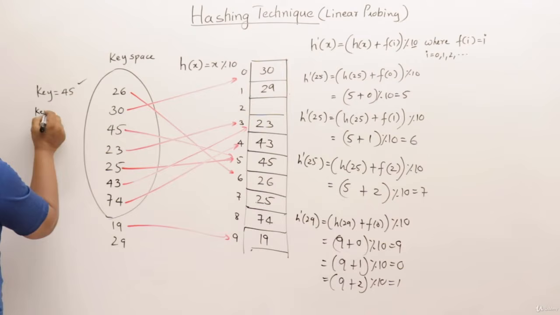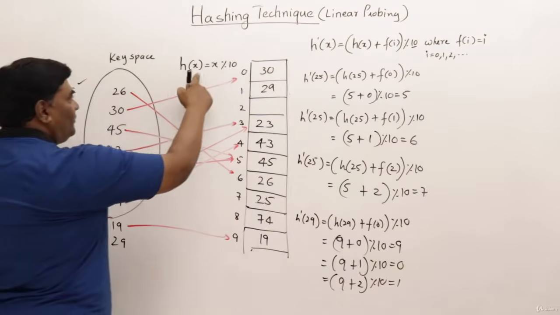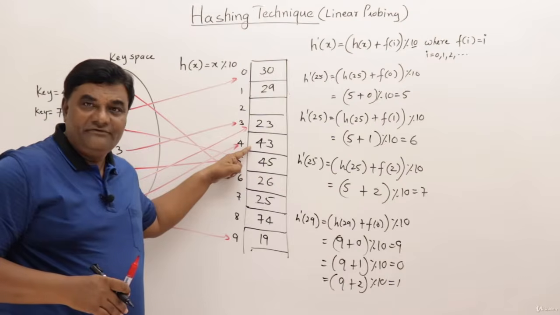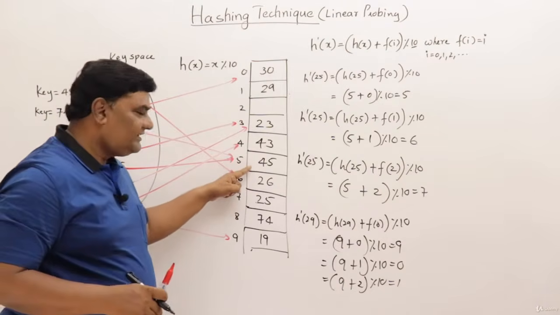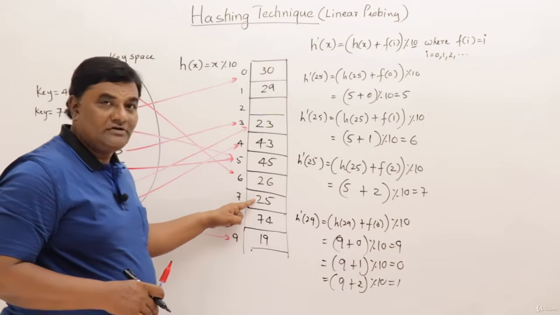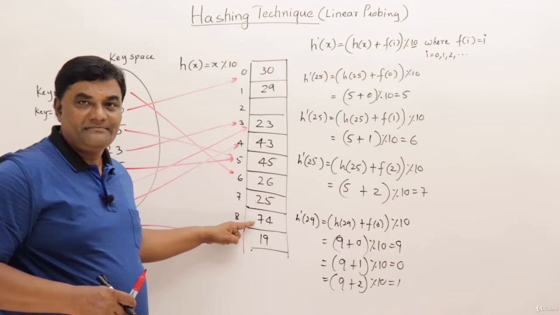I want to search for the key 74. 74 mod 10 gives us index 4. Is it 74? No. Is it 74? No. Is it 74? No. Is it 74? No. Is it 74? Yes. Stop.